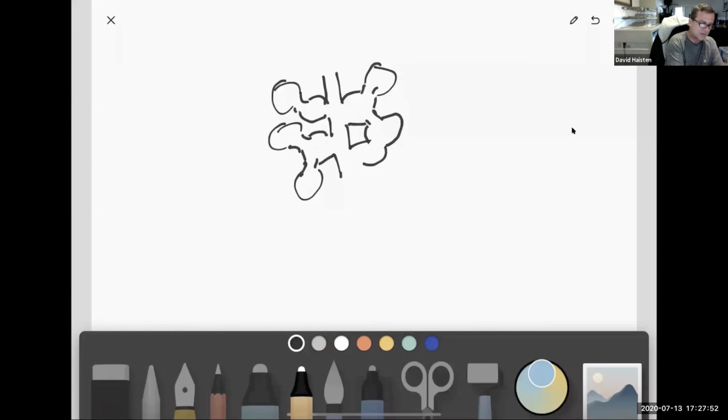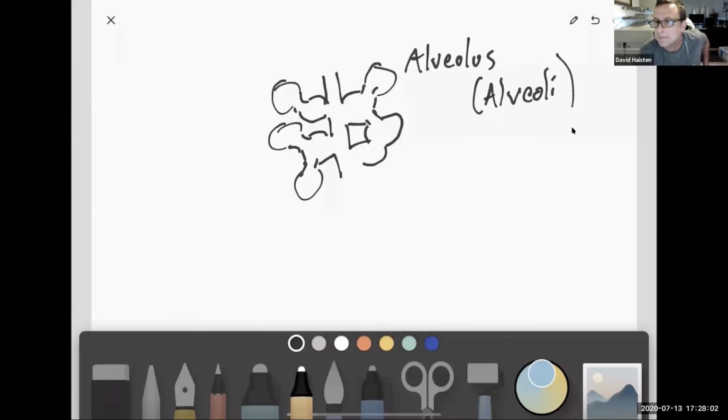One of them is an alveolus, but when we're talking about all of them at once, it's alveoli. This is where gas exchange is actually occurring.